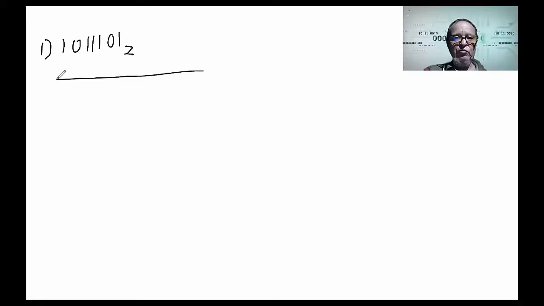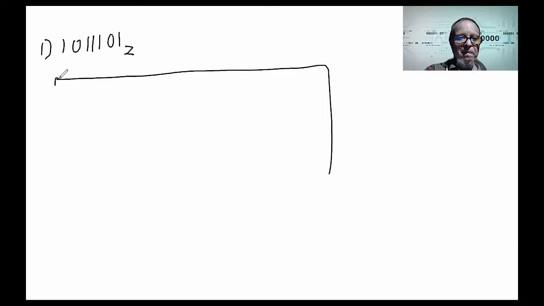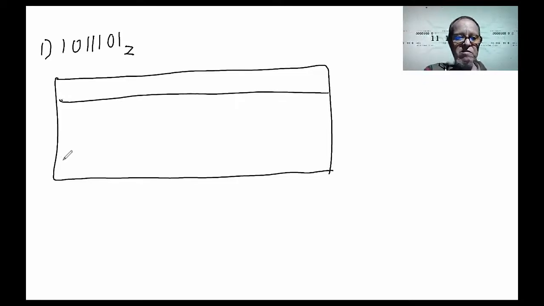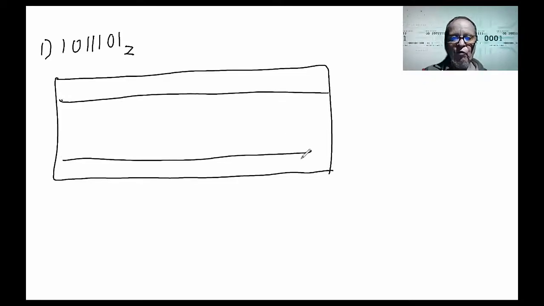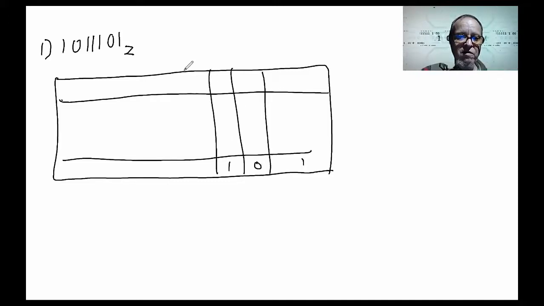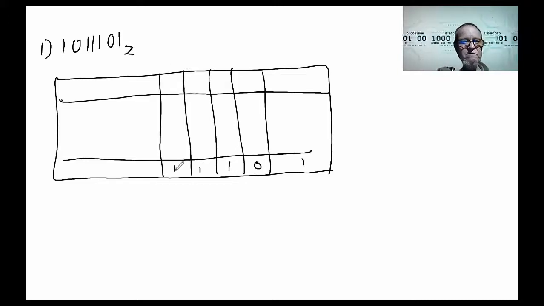So what we do is we set this up the way we have before in a table. And I have the 1 from there, and I have a 0 from here, and then I have my 3 ones, 1, 1, 1, and then I have another 0, and then I finally have a 1.